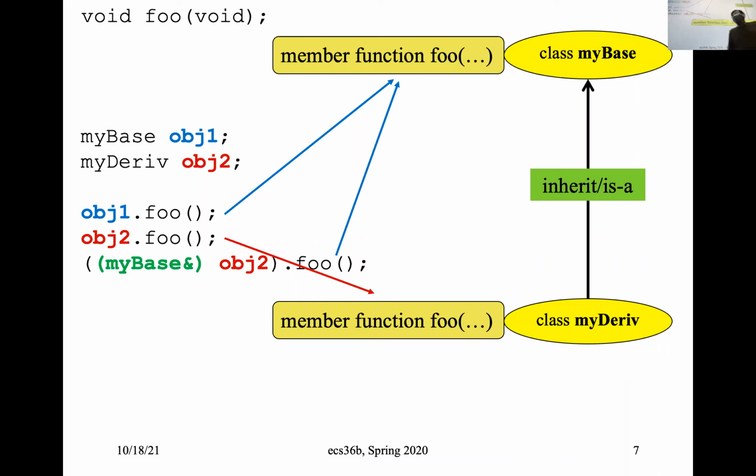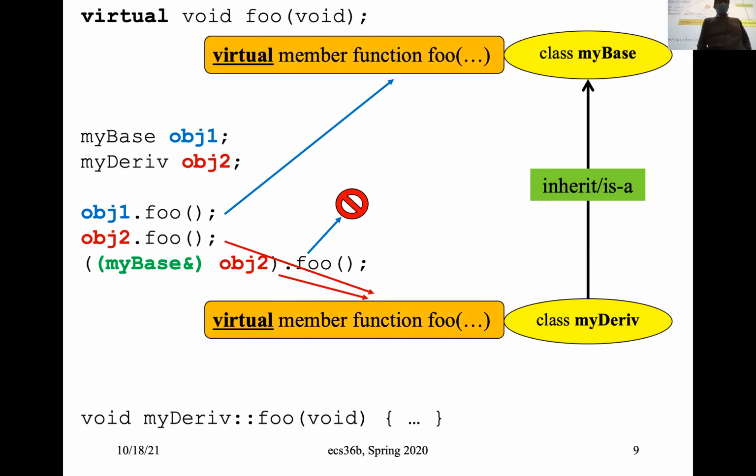When you cast the object, it will change that behavior to whatever it changed to. But casting will not impact a virtual function. No matter how you cast, it will still remember what class you actually created this object from. So regardless of how you cast the object, it will always go back to the virtual function. That's one of the properties. There are a few properties of virtual functions you should be aware of before you really use them.